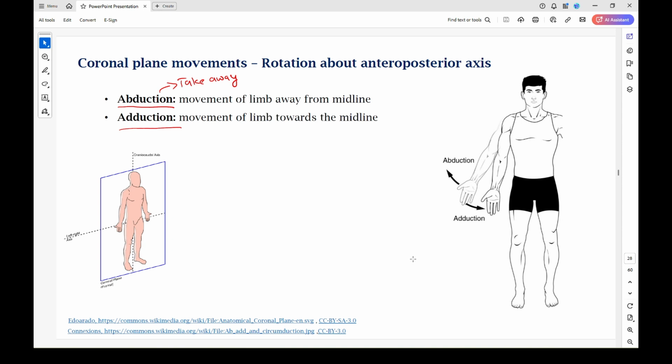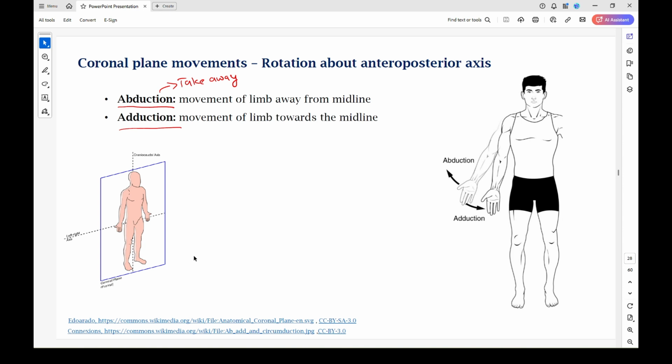Next, coronal plane movements. The coronal plane divides the body into front and back halves, and the axis which is perpendicular to the coronal plane is the anterior-posterior axis, which passes from the back to front.